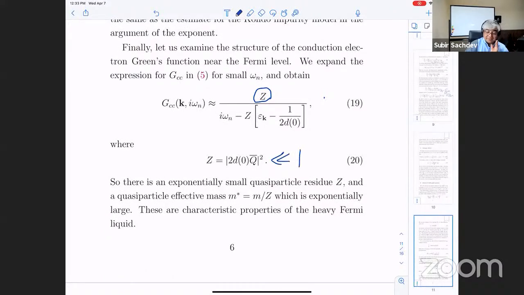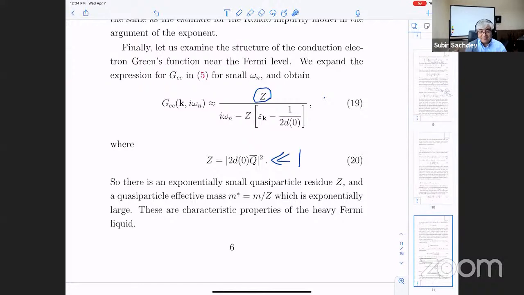So what are the consequences of z being much smaller than 1? One is the quasi-particle residue. If you did some photoemission experiment and you're looking for the peak in the quasi-particle pole by some sharp scattering onset near the Fermi level, the strength of the peak will be very small. In other words, the overlap between the bare electron and the renormalized quasi-particle is very small.